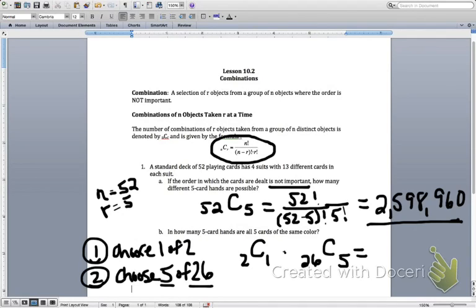When I put these into the calculator, again, I can use Math, PRB, and choose the combination button, and then I can multiply that by this combination. When I do that, 131,560 hands are either all red or all black.